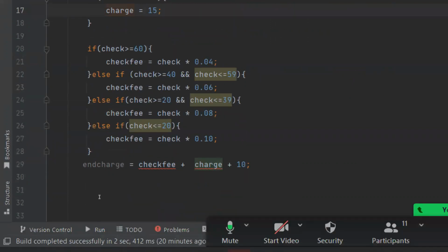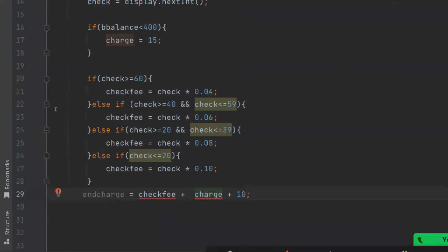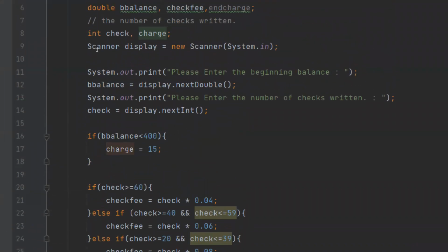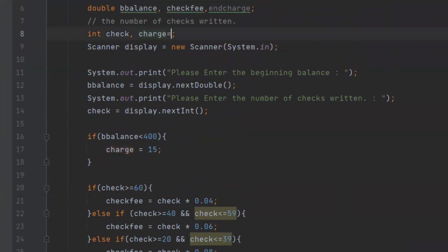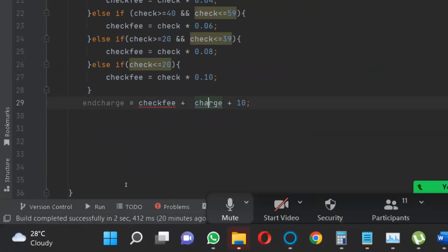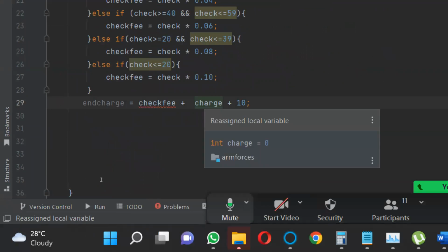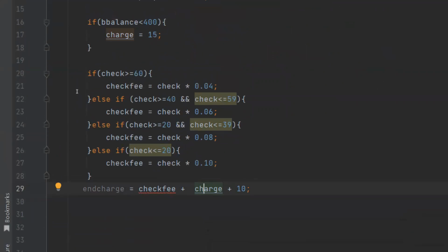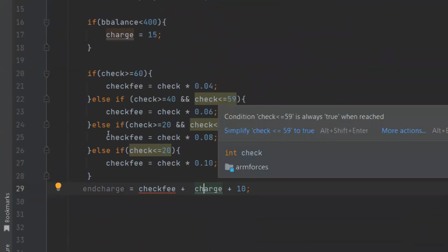Hence, if I am using it here, it is a problem, because if I run the program and someone never uses it, I will get an error. Hence, that is why I have to give this an initial value of 0, so that whenever it is never used, the initial value of 0 will kick into play. Hence, this you can see is not underlined anymore, because now it has a value of 0, or it will have a value of 15 if the person falls below 400.